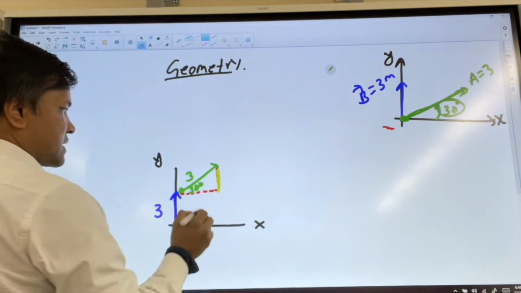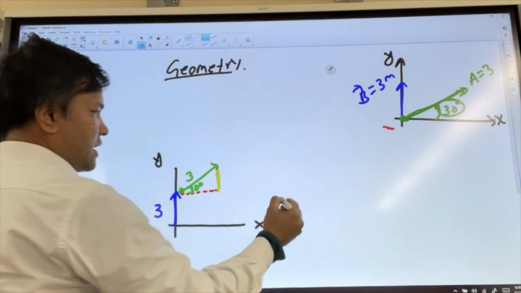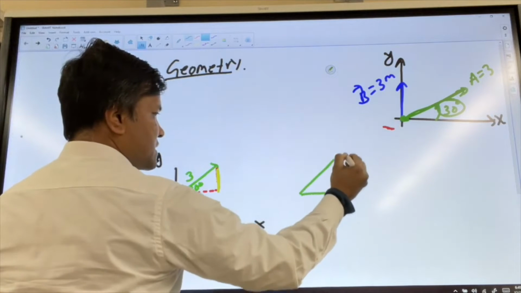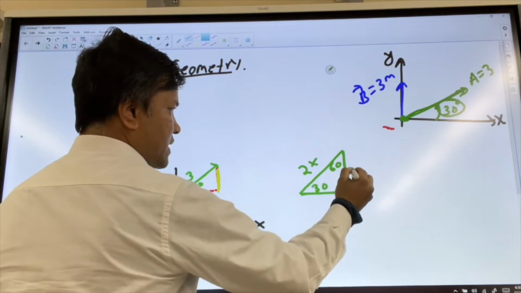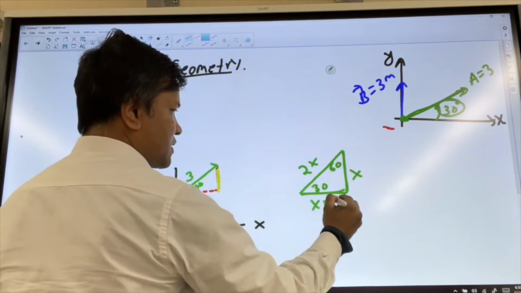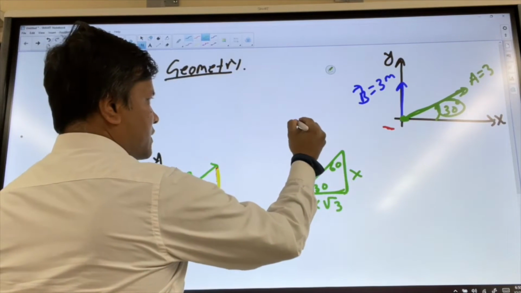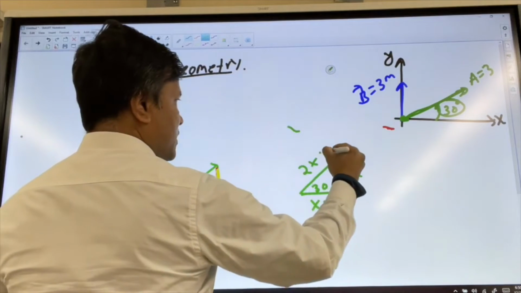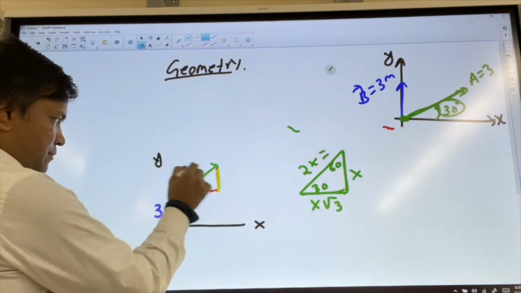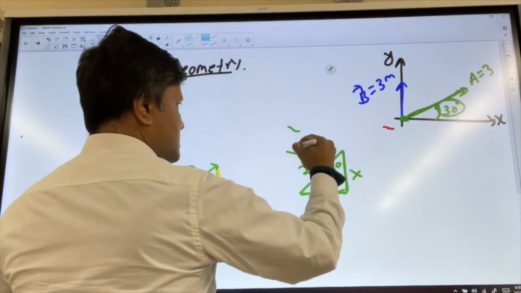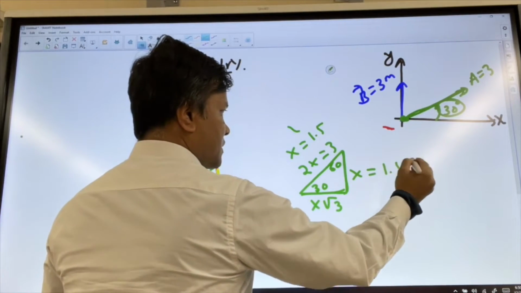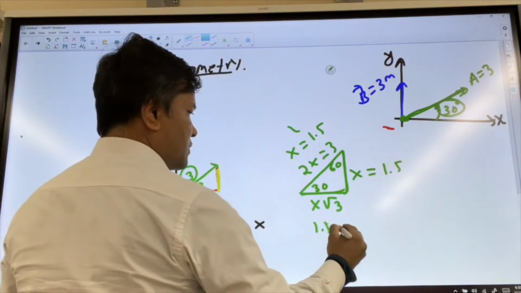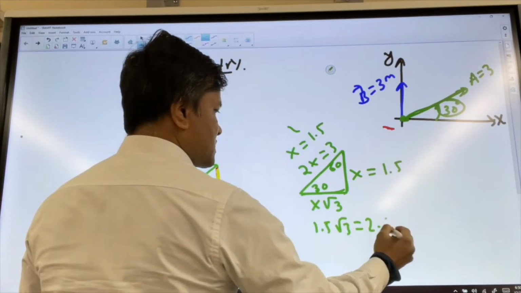If this is 30 degrees, then this is 60 degrees. So what I have over here is basically: opposite to 90 is 2x, opposite to 30 is x, opposite to 60 is x root 3. So what is 2x? 2x is 3, so x is 1.5, so 1.5 root 3 is 2.6.